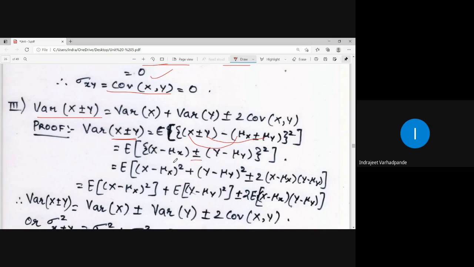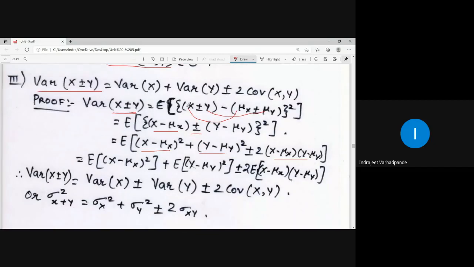Now expand this, a plus b whole square or a minus b whole square. Only the sign of the middle term changes. A plus b whole square is a square plus 2ab plus b square. A minus b whole square is a square minus 2ab plus b square. So a plus minus b whole square is a square plus b square plus minus 2 times a into b. Now you take expectation of all the terms.